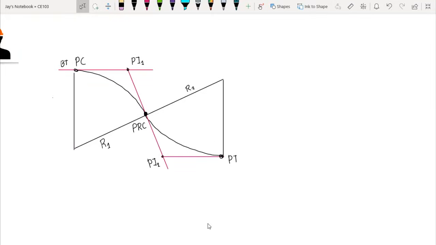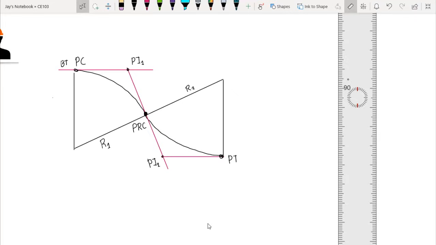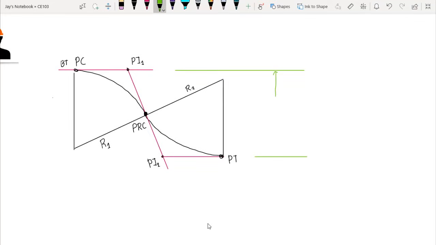So, according to the problem, the backward tangent and forward tangent are 10 meters apart. Therefore, their vertical distance is 10 meters. So the distance here is 10 meters.